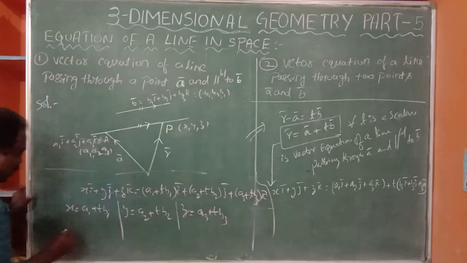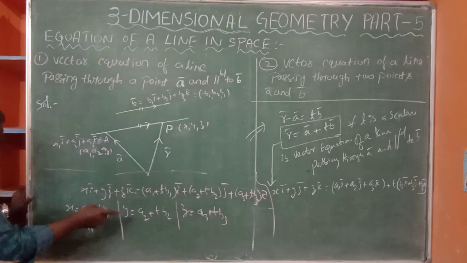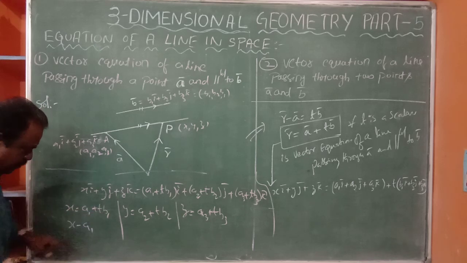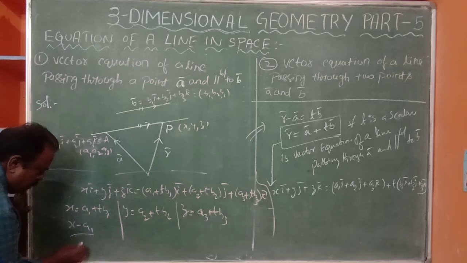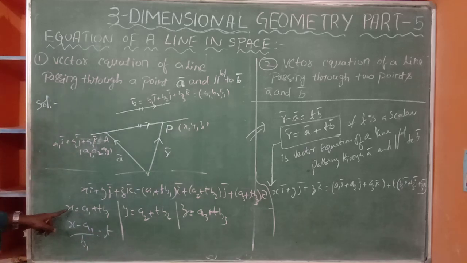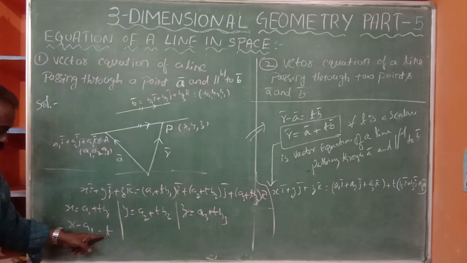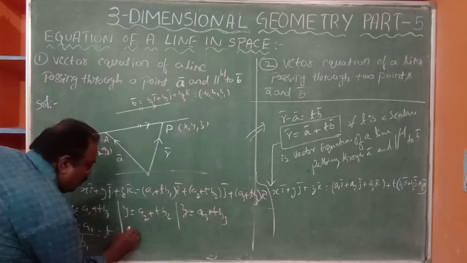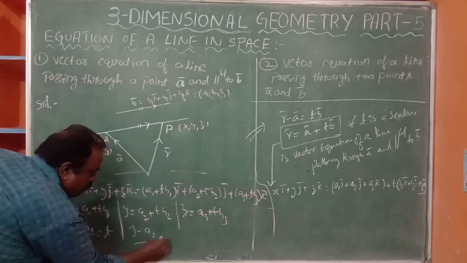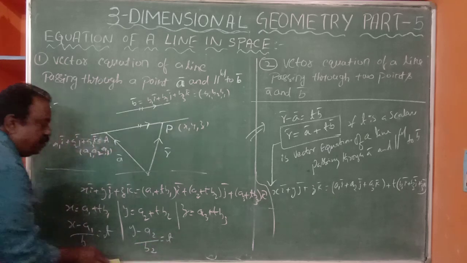Now x minus A1 is equal to t B1. Simply, x minus A1 is equal to t B1. Dividing by B1, I will write it here. It is t, you see, observe me. x minus A1 by B1 is equal to t, which remained here. Here also y minus A2 by B2, t remained.